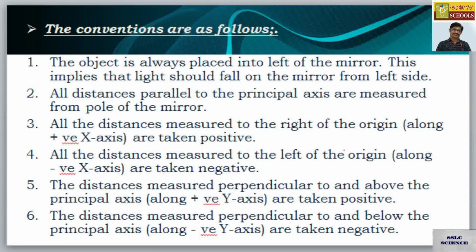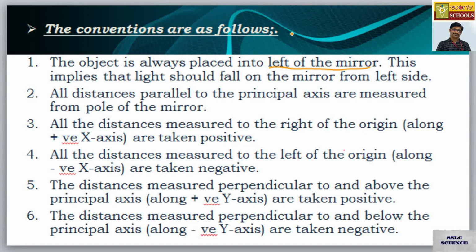The first one: the object is always placed to the left of the mirror. So the first convention is that the object should always be placed to the left of the mirror.